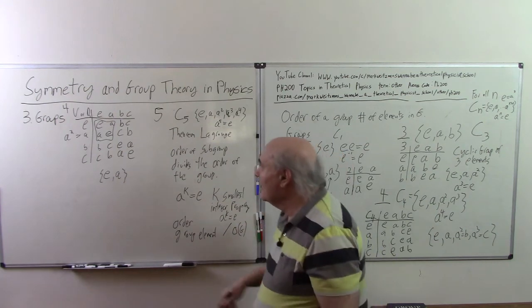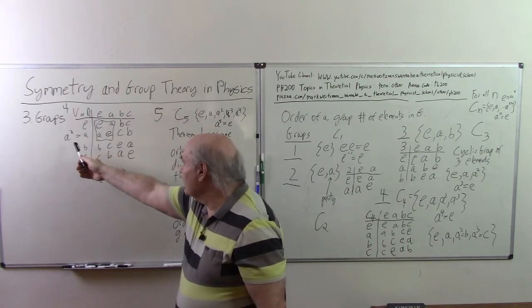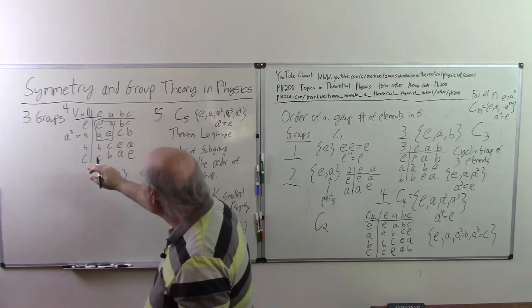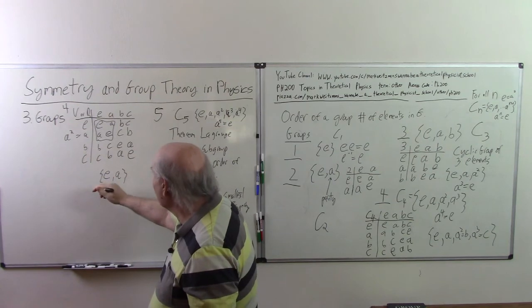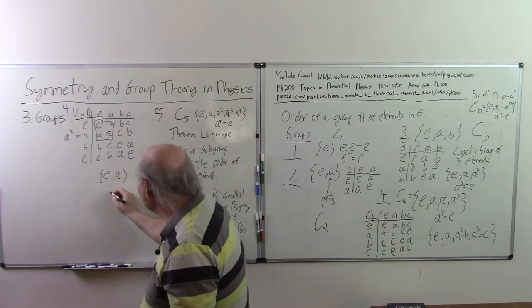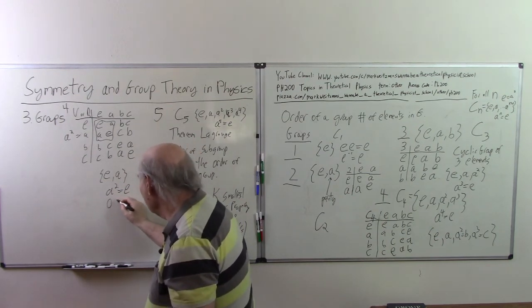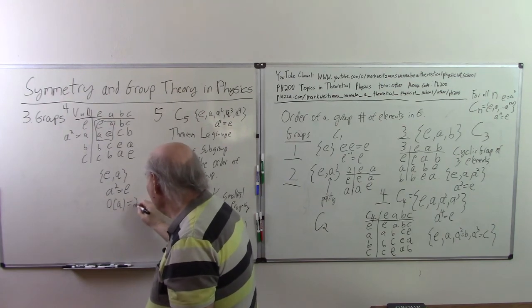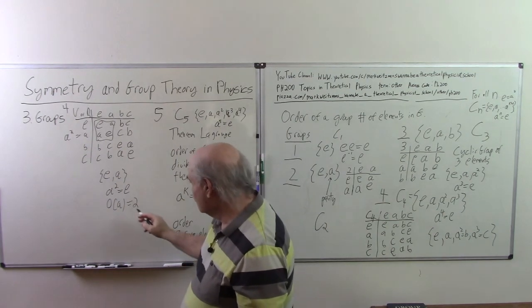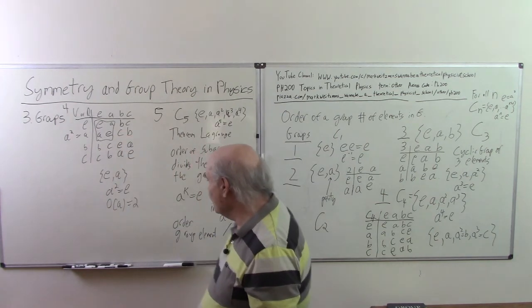So the order of the element A in this group: A squared equals E. So the order of A is equal to 2. And 2 divides the order of the group, 4.